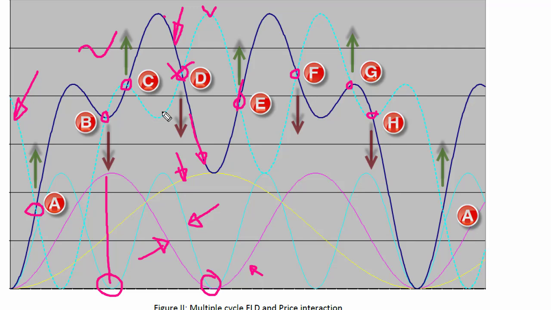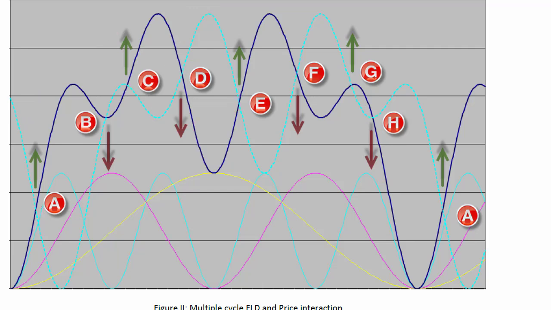But if the amplitude of one of the longer cycles is such that price is being pushed very strongly upwards, for instance, then price will come down to the FLD and might not even cross it. So when you're identifying your interactions, I would encourage you to consider how many bars have passed instead of simply tracking each and every time that the FLD is touched by price.